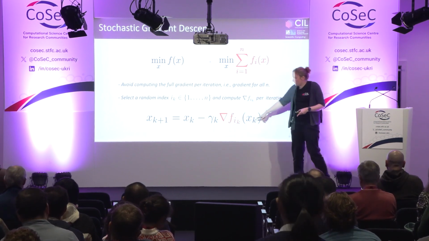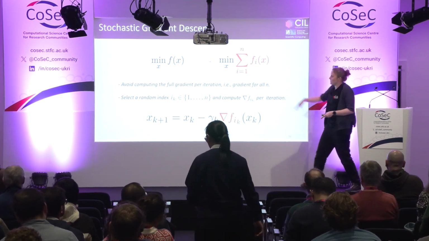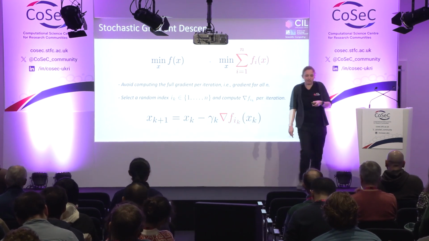And just take a step decreasing that function. And the idea is you're doing an nth of the work of calculating the gradient of the full f by calculating the gradient of just the fi.